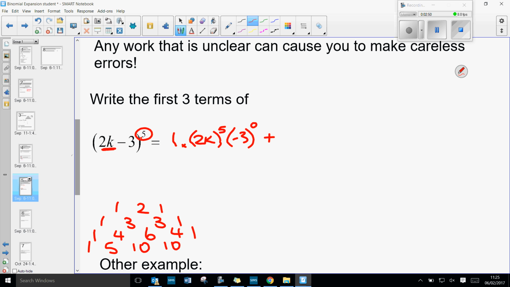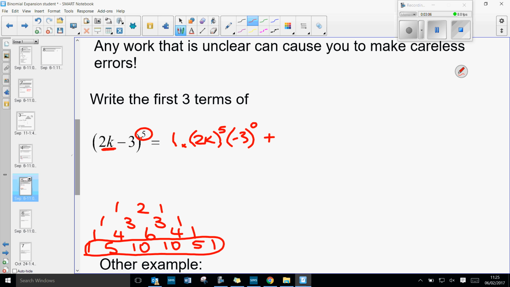Okay, so hopefully you can all see that this is the row that we want. If you remember, the power is always going to be the second term. So we're looking for this one here because 5 is our power.